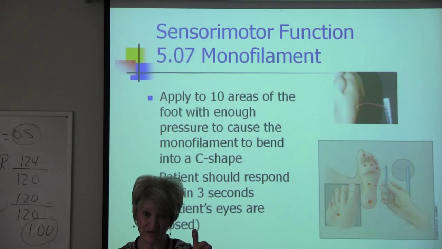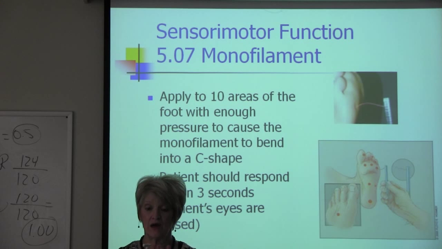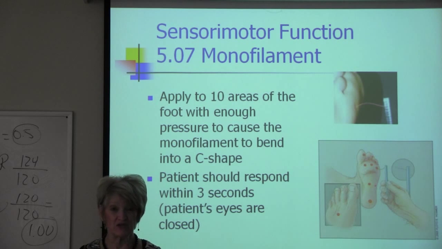I should say, I feel it over my big toe. Okay? Touch, press, remove. I feel it over my third toe. If the patient fails to respond in 3 seconds, you move to the next testing site and you can come back to that at the end of the test.